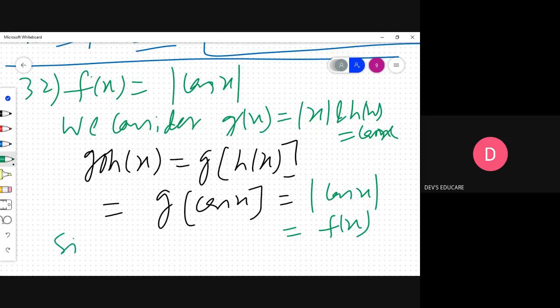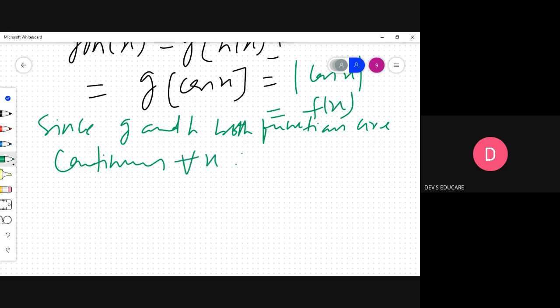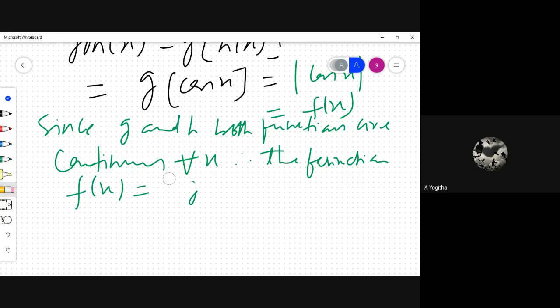Since g and h both are continuous for all x, therefore the composite function f(x), which is g of h(x), is also continuous.